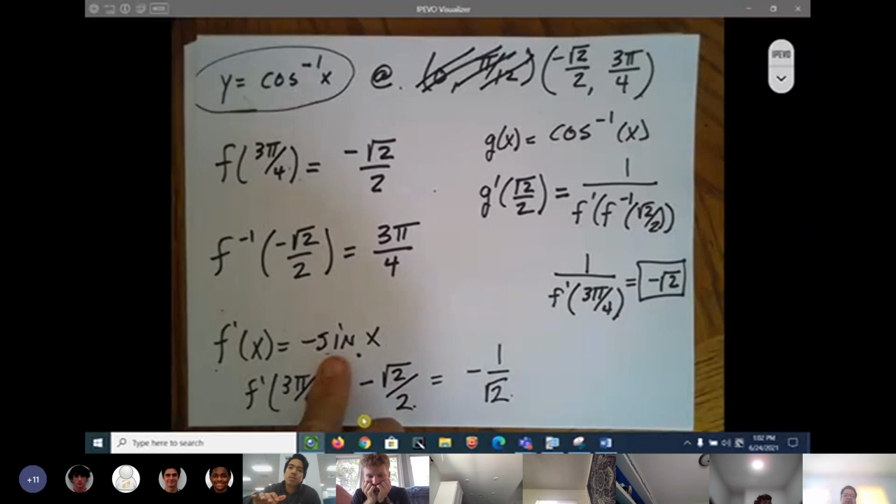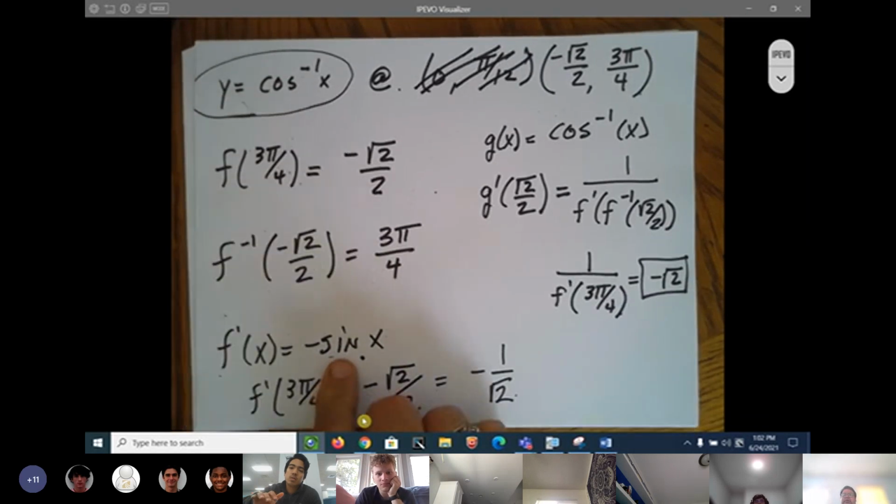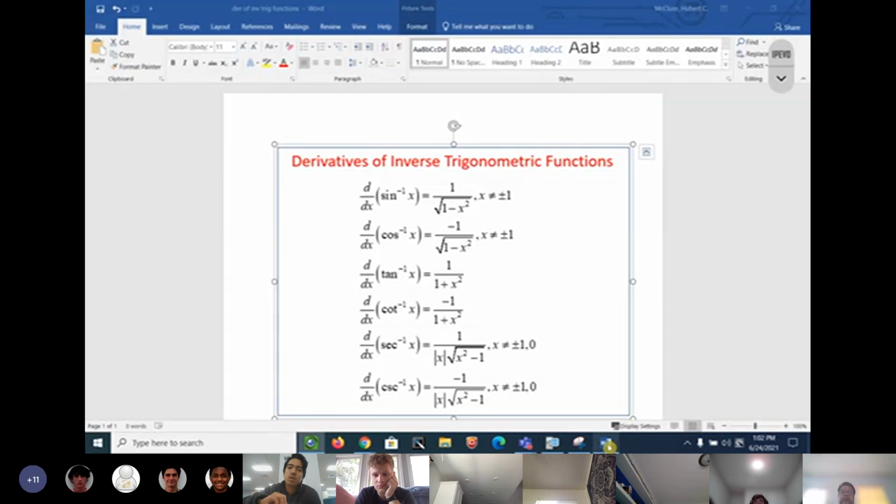What's the derivative of the cosine? The negative sine. So I took the derivative. So that's how you do it without the derivative, but I tell my students just do the derivative.